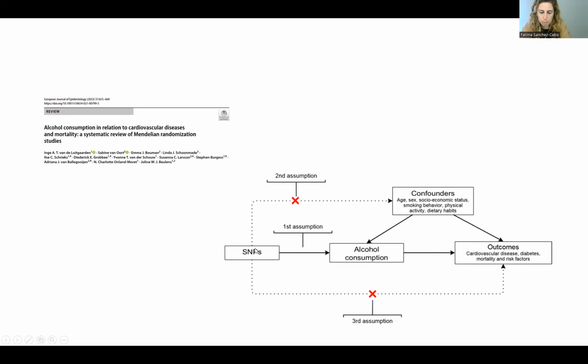For example, any SNP that would be linked to smoking behavior would be problematic, because smoking behavior is known to be a confounder between alcohol consumption and the outcome. And third, we cannot take SNPs that are directly linked to cardiovascular disease, because in that case we cannot distinguish between this path and this path.